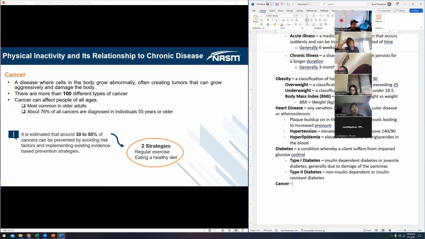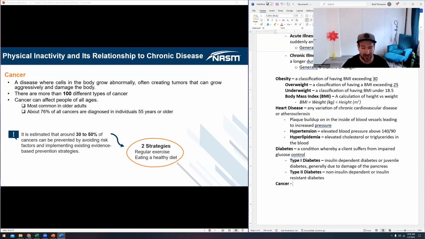But in general, which I do not like, but we'll say, it is a disease where cells in the body grow abnormally, often creating, I'm going to say malignant neoplasms, just because I like that much better, that can grow aggressively and damage the body.